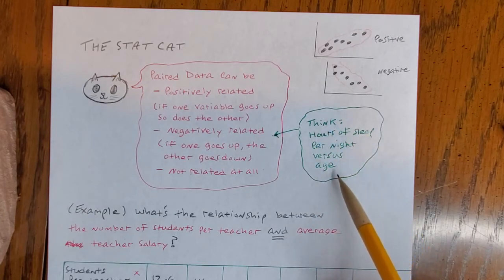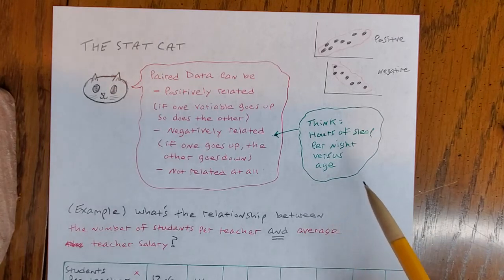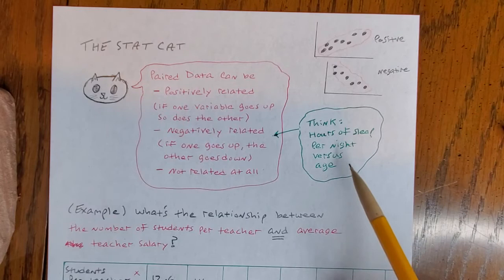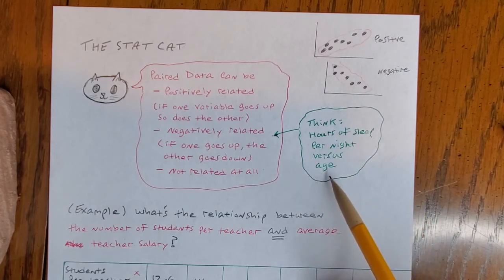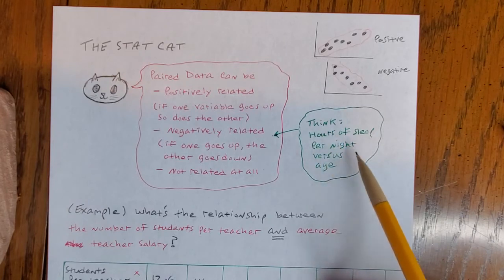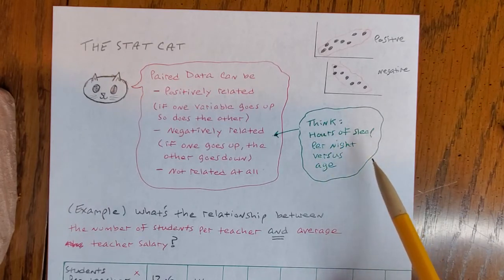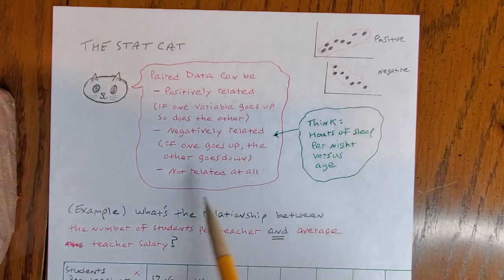Newborn babies might sleep 17 hours a day, and people over 65 on average might sleep 6 to 7 hours. There are outliers and exceptions, but in general, the greater your age, the fewer hours of sleep per night you get naturally. So that would be a negative relation.